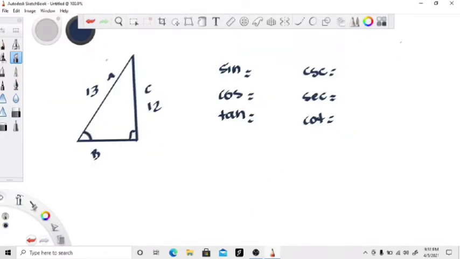Now we're going to find the trig ratios using the Pythagorean theorem. As you can see, we have a missing side, which is b. So first step, we're going to find the missing side. We're just going to write 12 squared plus b squared equals 13 squared.